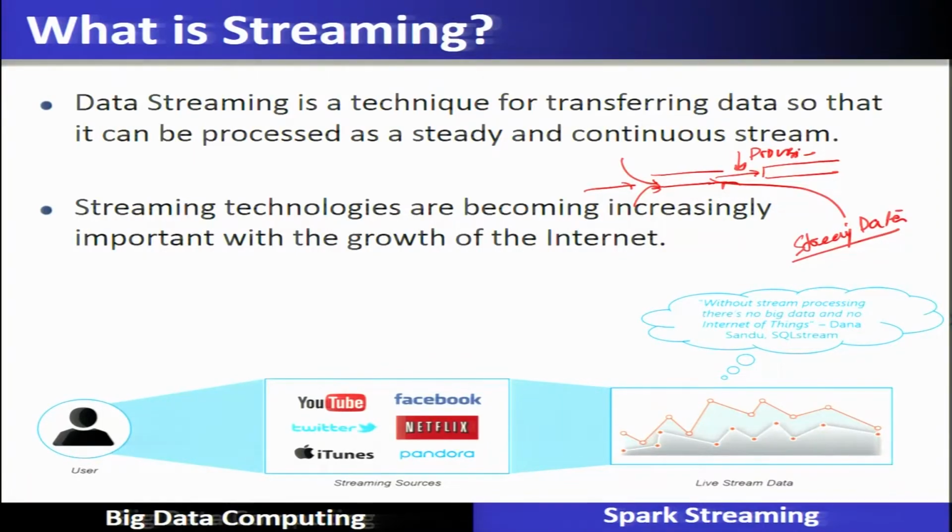Similarly, YouTube data is also a kind of streaming data, and there are many other ways this streaming data can be generated. Streaming data can also be generated from a database, so data is read and transmitted in the form of streaming data, that is ETL. Companies normally do this for analysis.